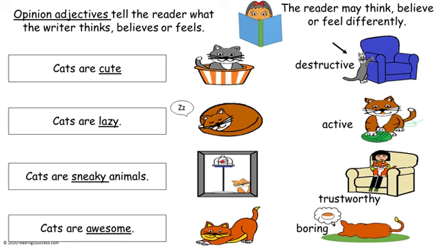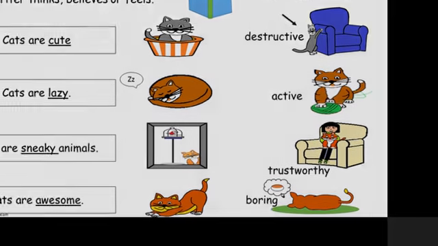They love to play with yarn. The writer might say cats are sneaky animals, and the reader might think mine is very trustworthy. The writer might say cats are awesome, and the reader might think cats are boring. They just sleep a lot.